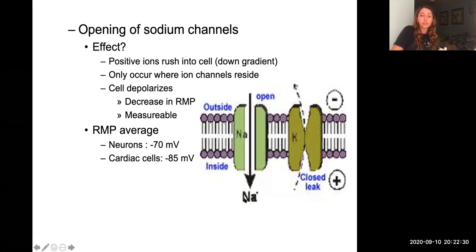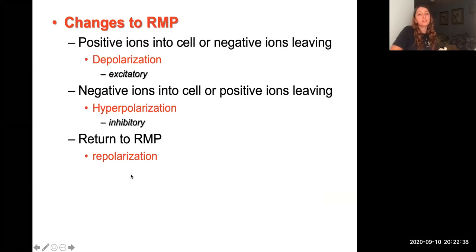So this diagram just shows the opening and closing of the cell's ion channels. The next slide says changes to resting membrane potential. Positive ions into the cell or negative ions leaving the cell cause depolarization, which is excitatory. She explained it a little at this point in the presentation, but it basically means that when the neurotransmitter transmits its signal, it stimulates the cell membrane to reach threshold.